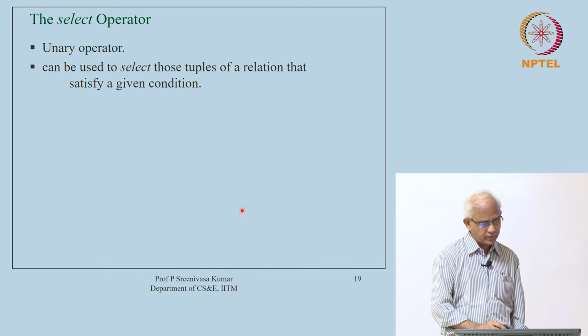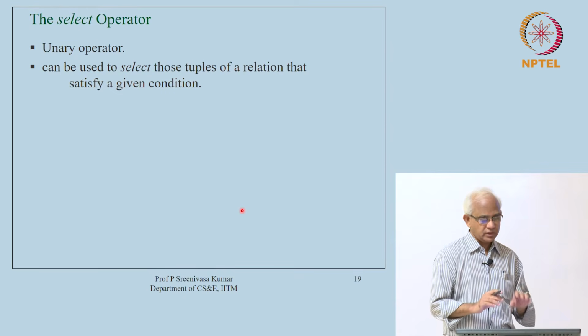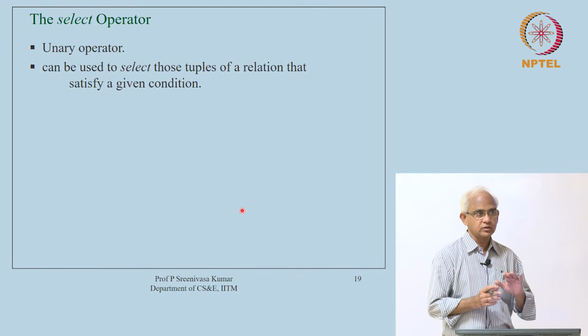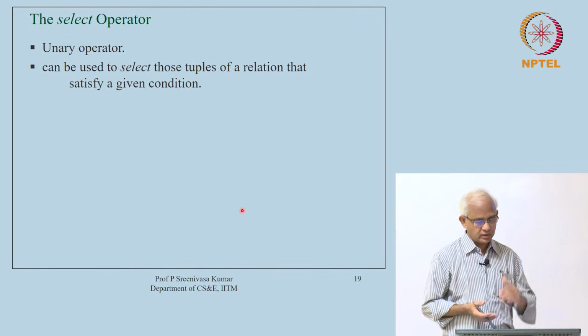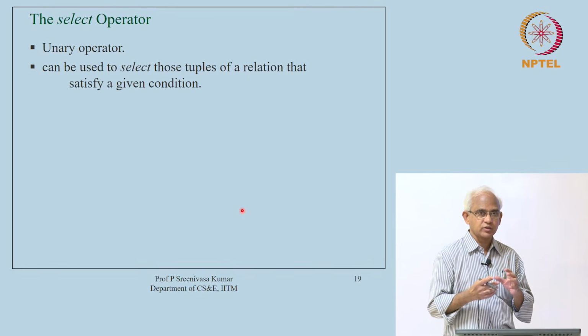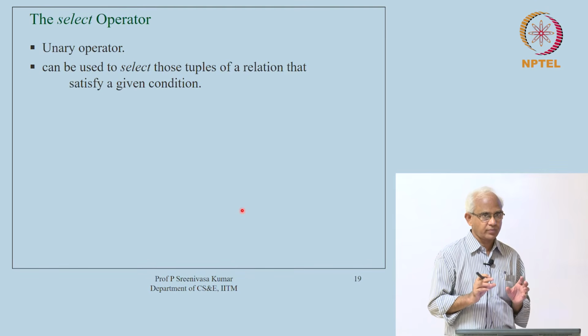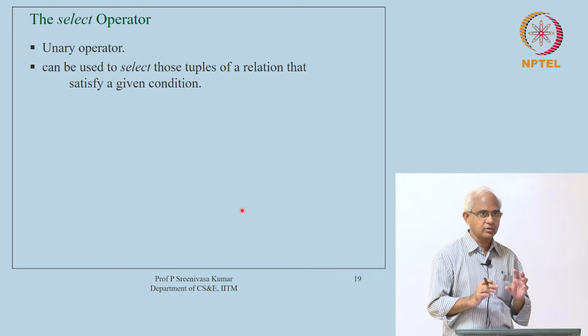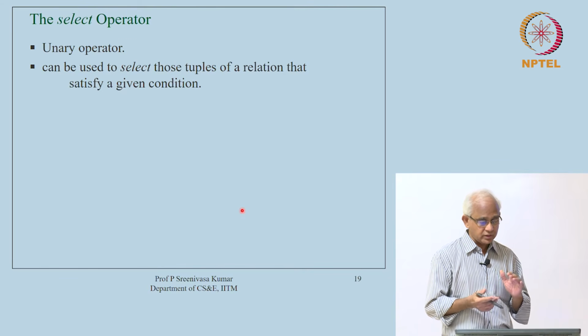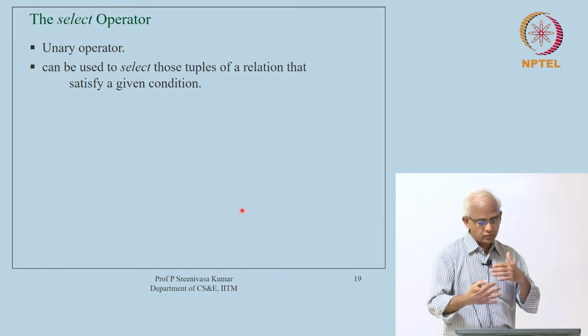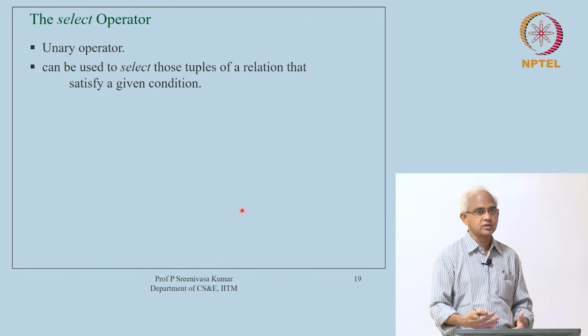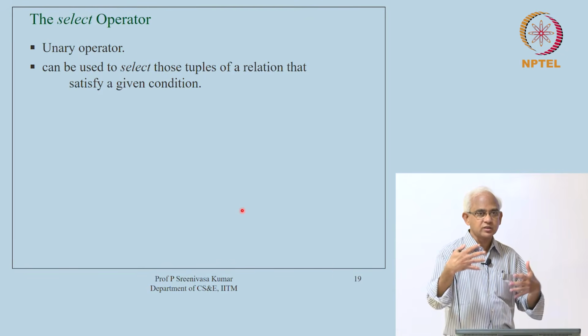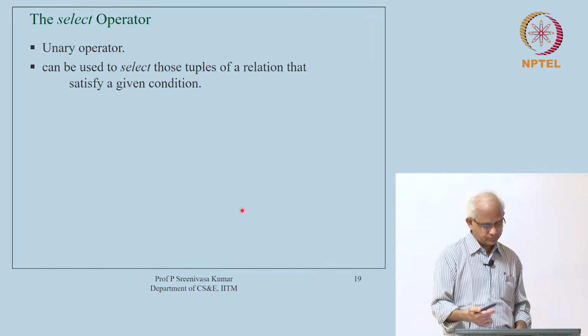It is a unary operator, and basically it can be used to select those tuples in the relation instance that satisfy a particular given condition. So, it has a parameter which is the condition, and what it does is to select all those tuples in the relation instance which satisfy the given condition.